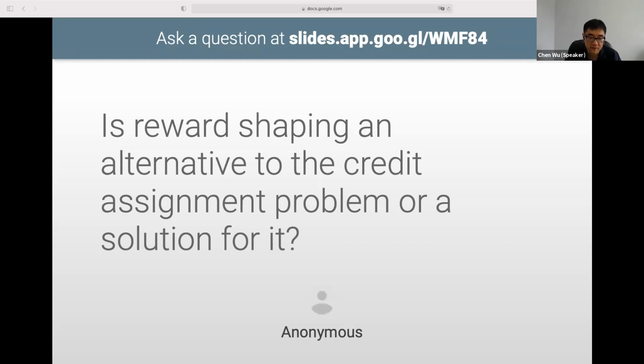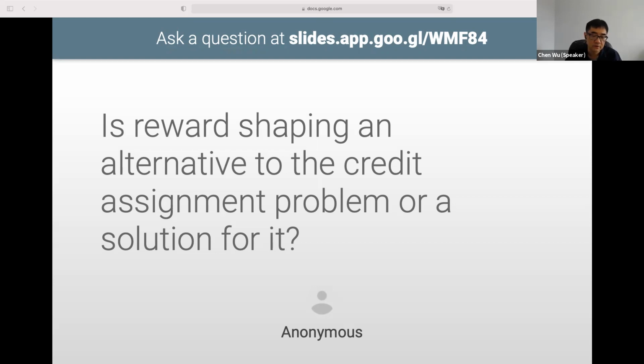Credit assignment has never been easy, and the entire neural network gradient descent is all about credit assignment. I think reward shaping is one way of dealing with the sparsity of the reward signals, because you always have to have signals to learn something useful. But if your signals are very sparse, that means you have to collect a lot of data.